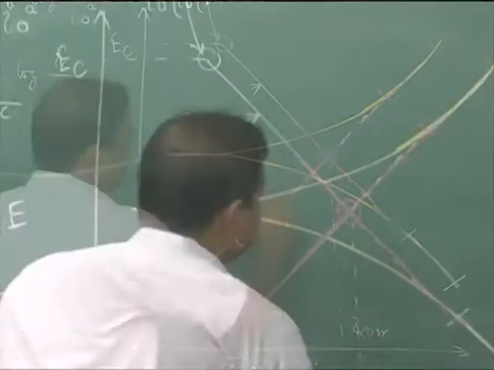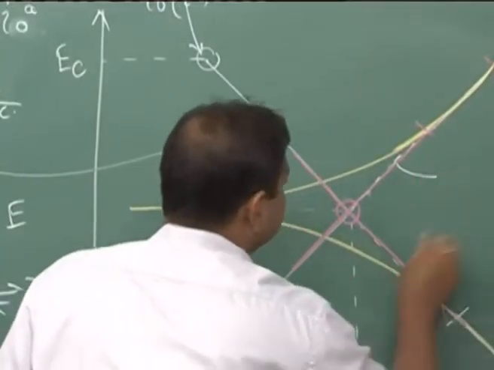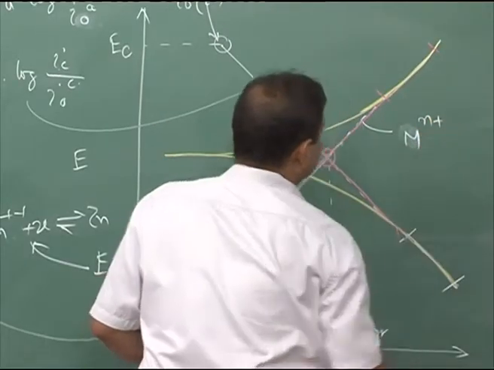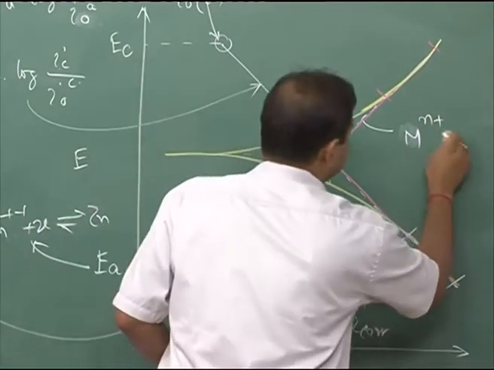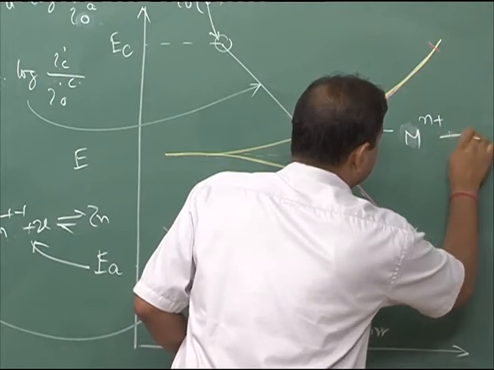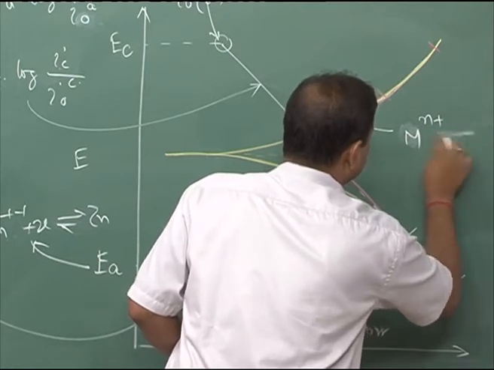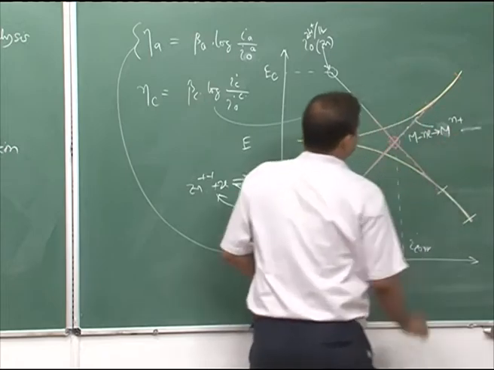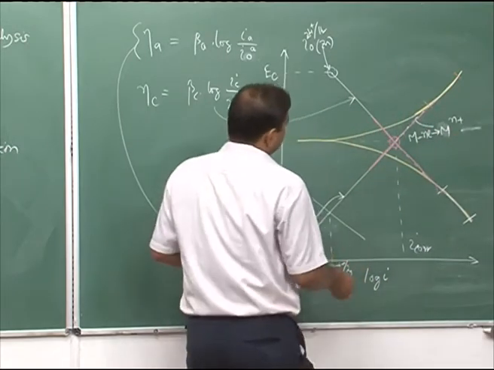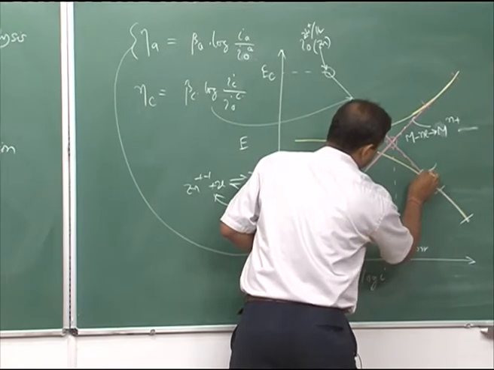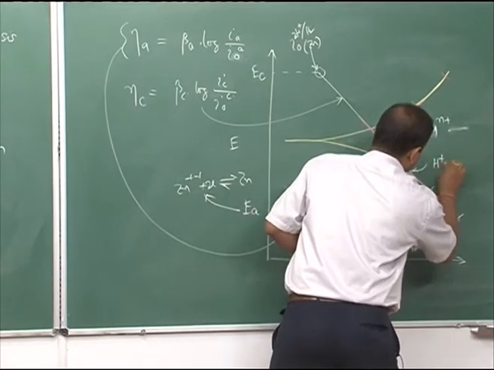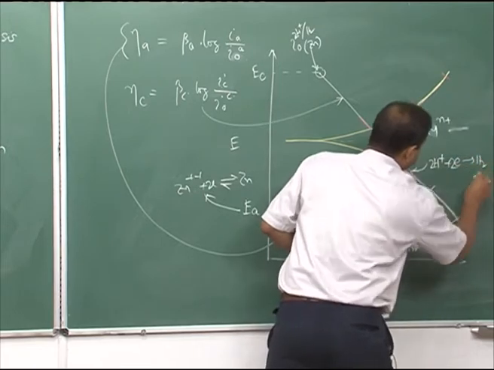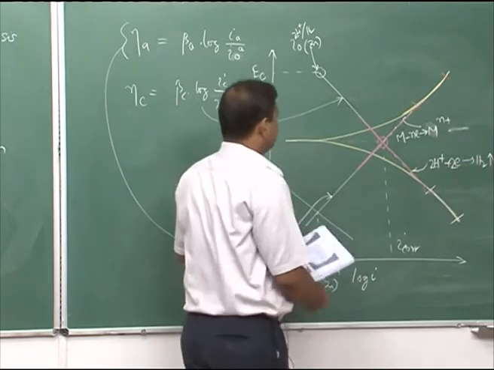Of course, this line indicates zinc, or if we consider general purpose, this line indicates metal ion formation, and this one indicates hydrogen gas generation, which is the cathodic reaction.